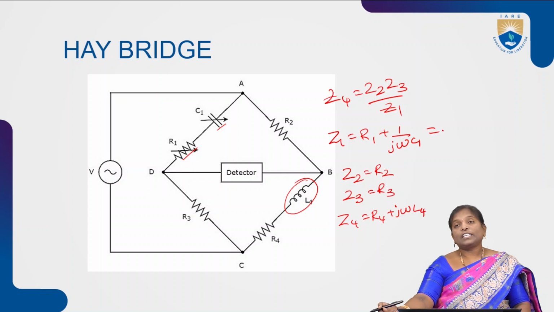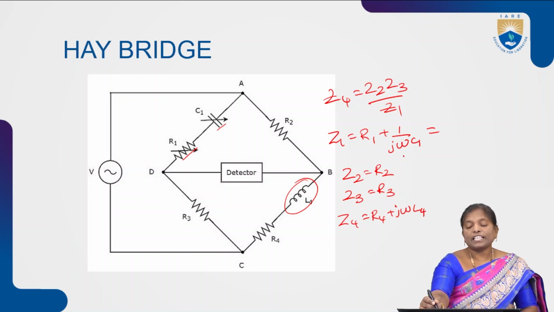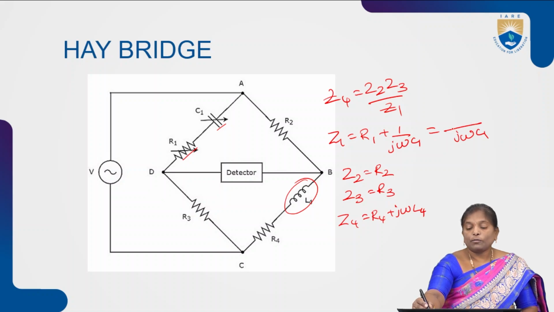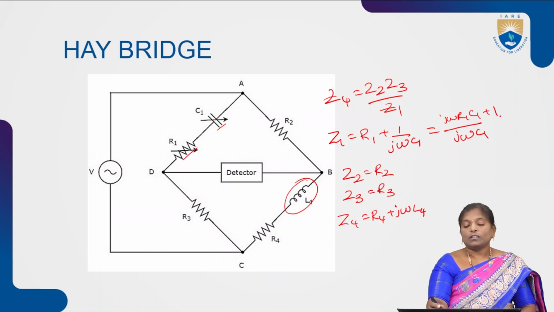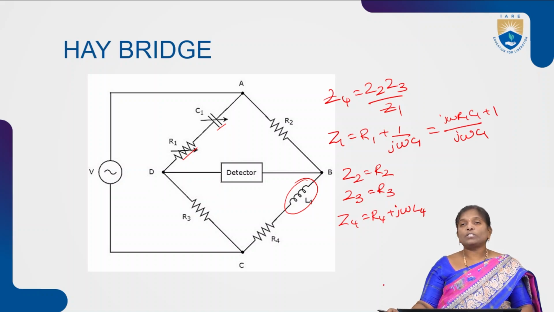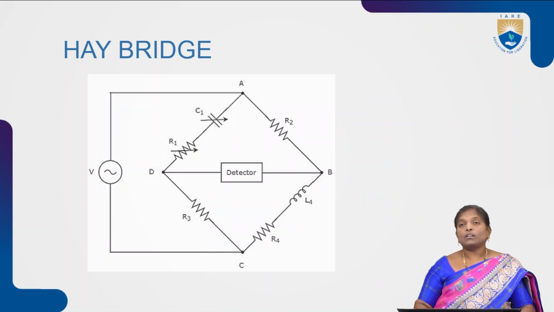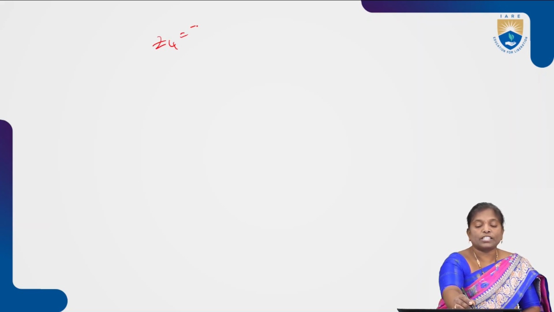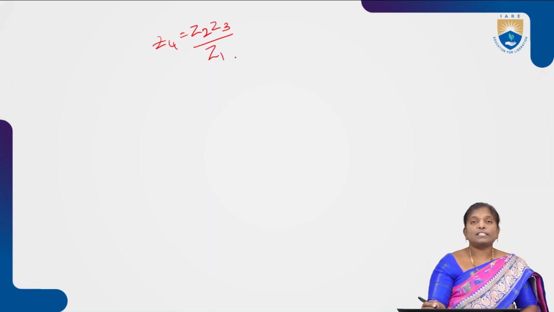This Z1 equal to R1 plus 1 by j omega C1. The expression can be simplified by taking j omega C1 as the LCM. Then we have j omega R1 C1 plus 1. Now we have Z1, Z2, Z3 and Z4 values. Now substitute in the balanced bridge condition, that is Z4 equal to Z2 Z3 by Z1.